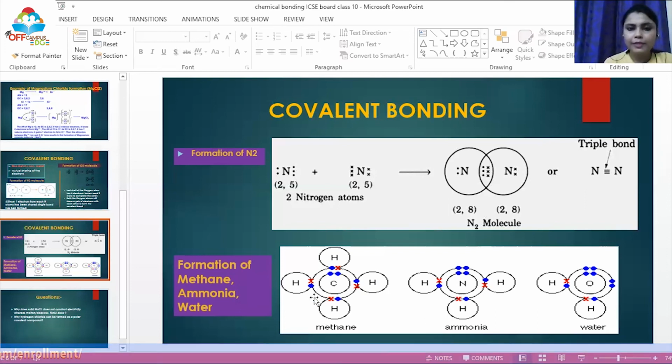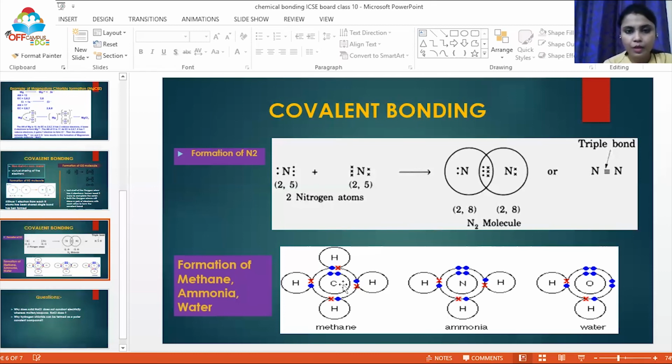So what happens in methane? The carbon atom has 4 electrons in its last shell. So it shares 4 of its electrons with 4 hydrogen atoms, and each of the 4 hydrogen atoms shares 1 electron.